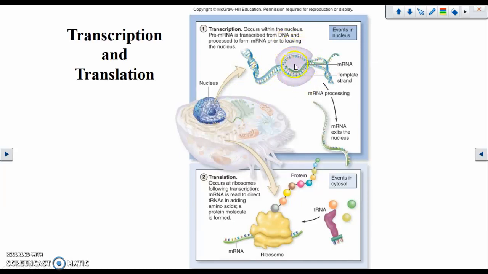Okay? And in goes mRNA, messenger RNA, and copies, in this case, the code for collagen. Okay? And then the mRNA exits the nucleus, goes into the cytoplasm, into ribosomes.